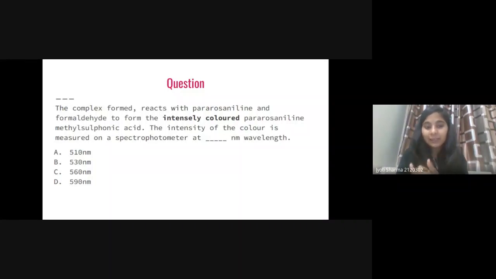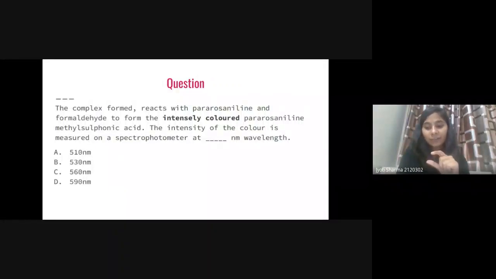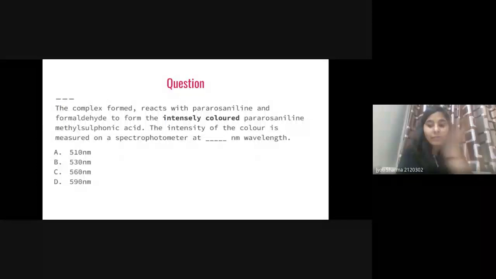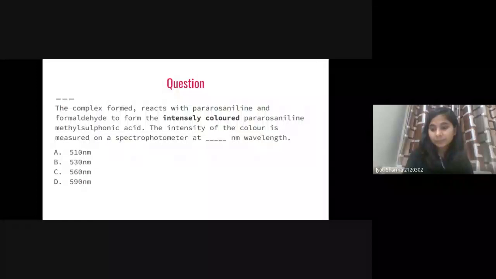That color intensity can be measured by an instrument known as the spectrophotometer. But you have to set a wavelength. So what wavelength do you have to set to see the intensity of that color? I have the options 510 nanometer, 530 nanometer, 560 nanometer, and 590 nanometer.